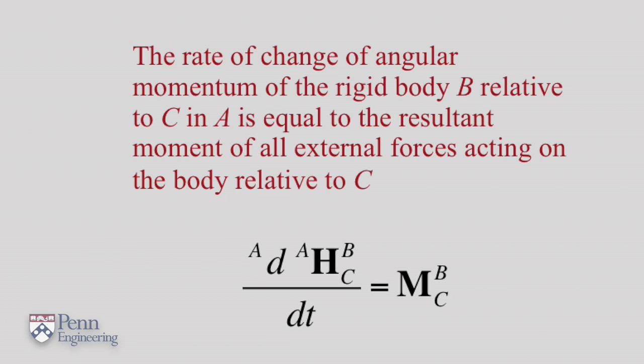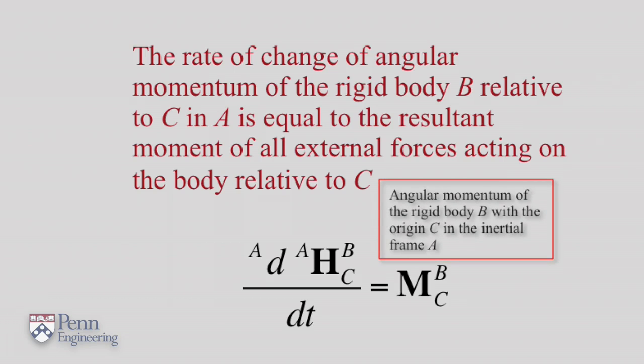So if you look at this equation, h is the angular momentum of the rigid body with the origin C, the center of mass, in the inertial frame A. So we want to compute the rate of change of angular momentum of the rigid body B, and that equals the net moment applied to the rigid body. Once again, the differentiation must be done in an inertial frame.